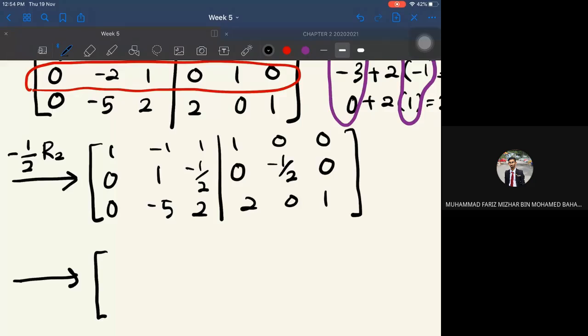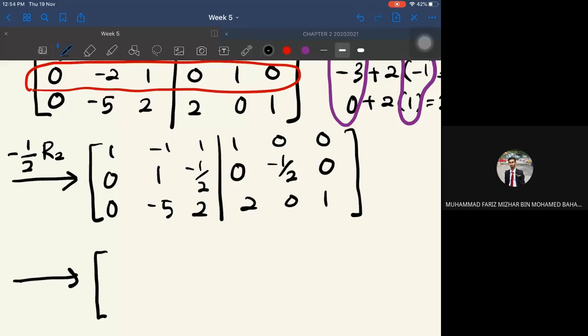Okay. So sekarang ni kalau ikut step, saya nak jadikan ni kosong. Okay. Saya nak jadikan ni kosong tanpa mengubah yang dah berubah ni. Tanpa ubah ni. Saya nak jadikan negatif 5 ni kosong tanpa mengubah 1001. Okay. So what will be the operation?